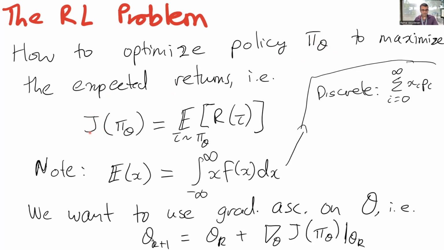Our objective function, which we're going to call J, is a function of the policy that we have, and is equal to the expectation of the rewards that I get for trajectories tau, where the trajectories tau are sampled from my policy itself. So we can sample from the policy; in other words, we can get actions from the policy, apply those actions to the environment, and therefore get these trajectories tau.